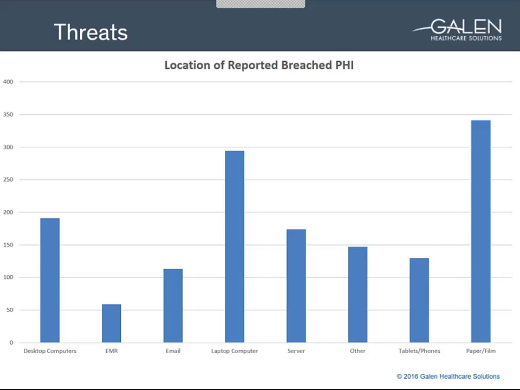So you have to take, in my view, a strict policy when it comes to locking down environments that might contain PHI, especially things that are highly portable like tablets and phones.